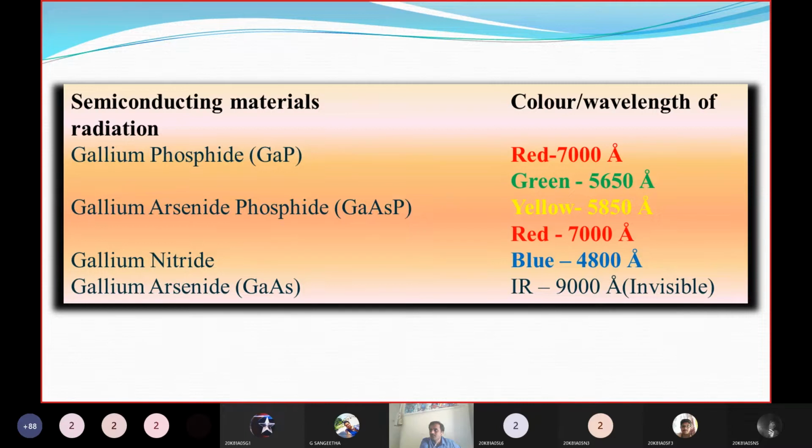That is the LED, and in that LED, IR radiation will be emitted. So depending on the wavelength, we can use it as the LED in remotes.